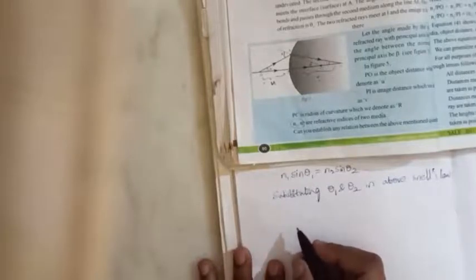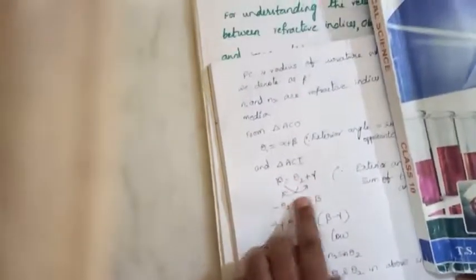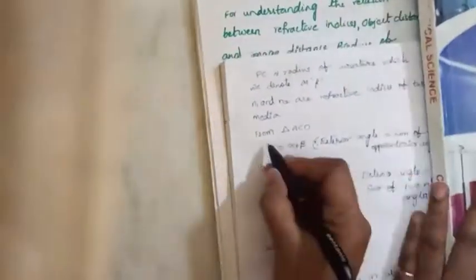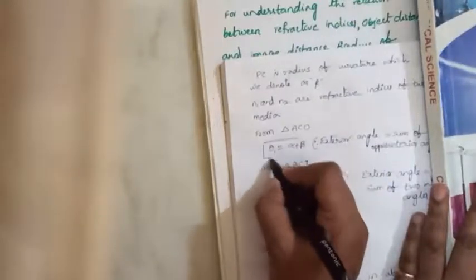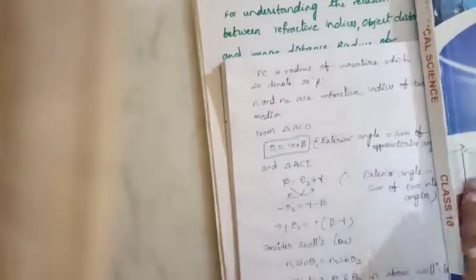The diagram also we need to consider here always. So here I am substituting the theta 1 value we got. Theta 1 is equal to alpha plus beta. So here n1 sine alpha plus beta we got. Previously we drew that, don't confuse here. This only I am substituting, don't get confused.